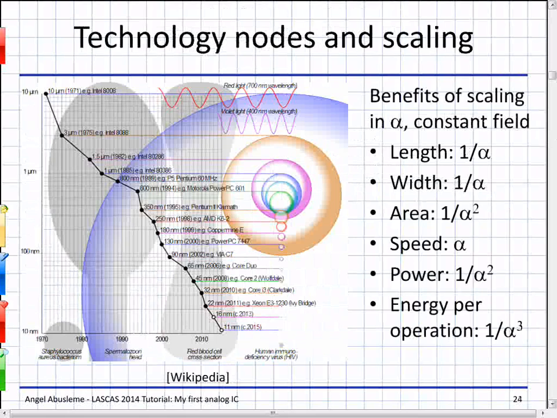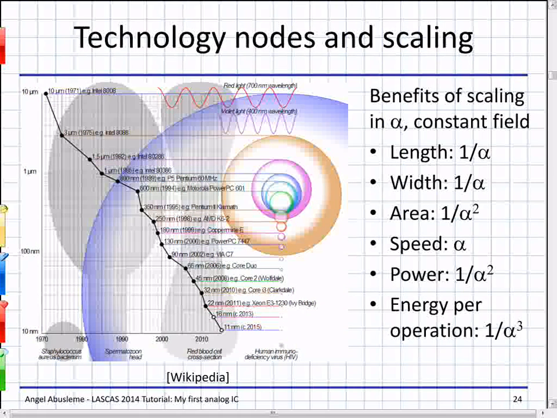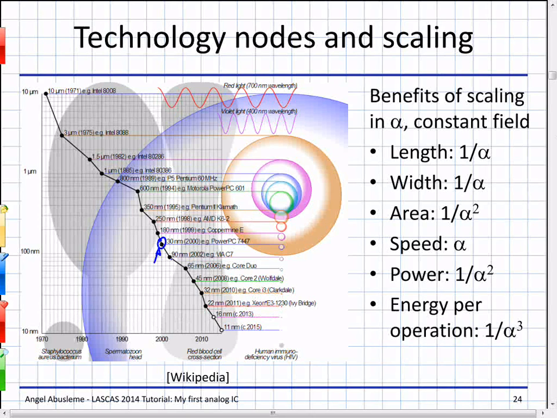So this plot here shows technology nodes and scaling. When I mention technology nodes, this is a terminology for IC design. We refer to the transistor length. This is usually for CMOS devices, and we say this is a 130 nanometer node, which means that the smallest feature that I can fabricate for a transistor is the length of the transistor, right? The channel length is 130 nanometer.